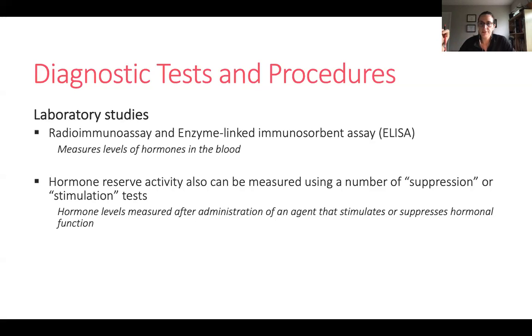They'll give the medication, and in a healthy pituitary gland, if they're doing the stimulation test, it'll stimulate the pituitary to release more growth hormone. If they're doing a suppression test, they will give a medication that suppresses it, and in a healthy pituitary gland, it'll suppress the growth hormone. But if it's not working, then it'll have the opposite effect.